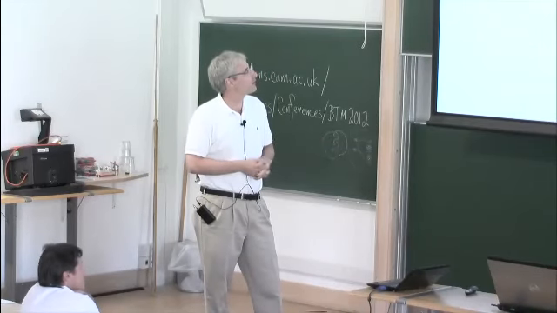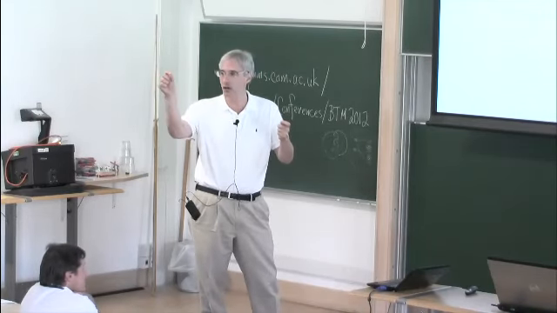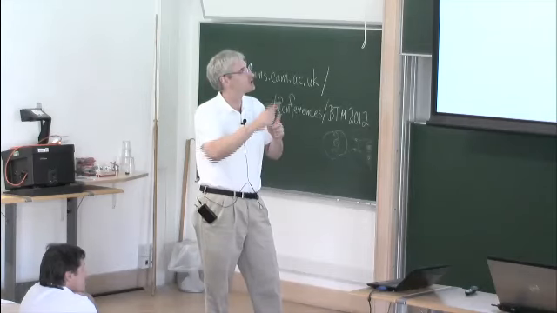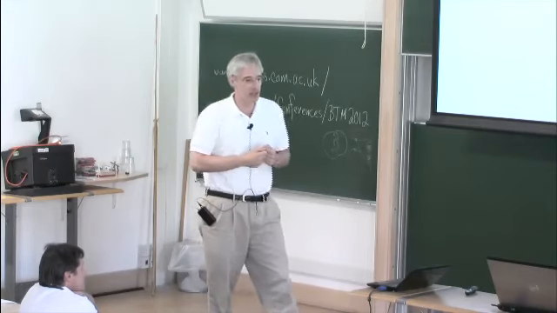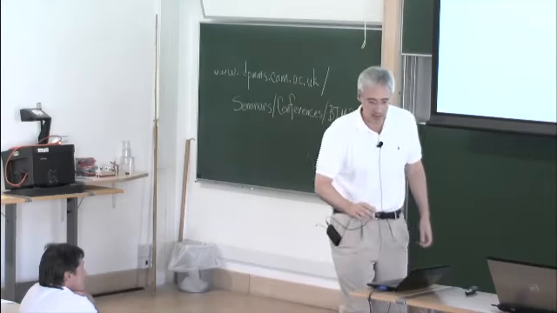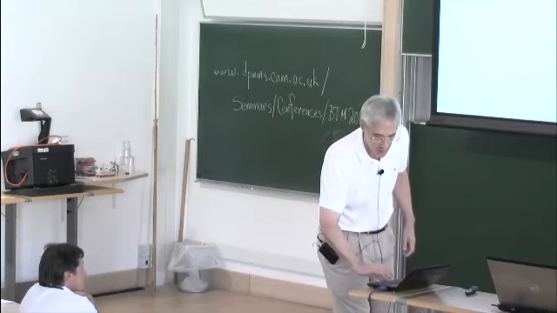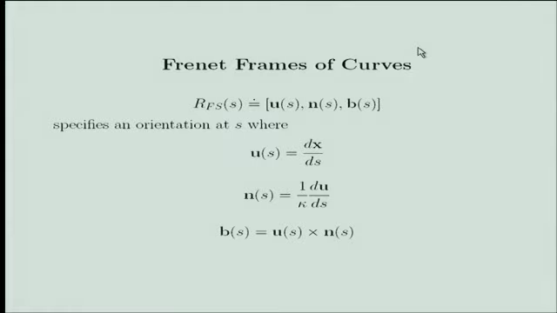So given a curve x of s, where s is the arc length and x is the position vector to any point on the curve, one can extract the curvature and the torsion. And these are important because these are intrinsic quantities. You can completely describe the shape of a curve from the curvature and the torsion. And any space curve can be framed.